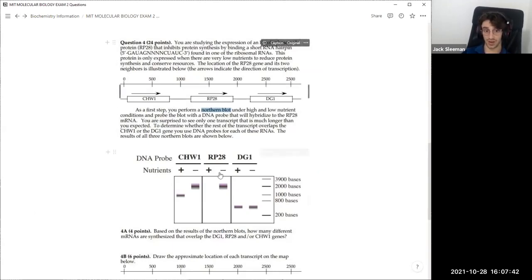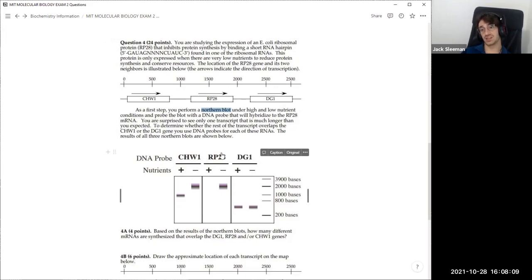It has to read through under nutrient poor conditions. CHW1 in good nutrient conditions has the rho-dependent termination, but under lower conditions, it'll have this 0 to 2000, which contains both the CHW1 and the RP28 segments.